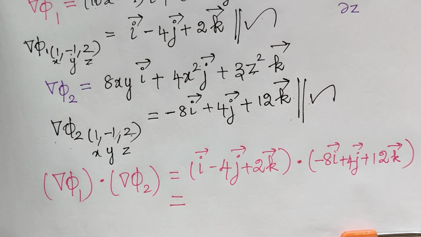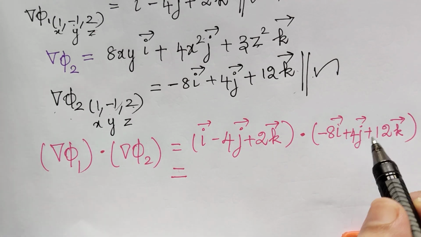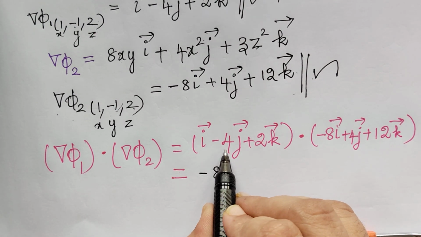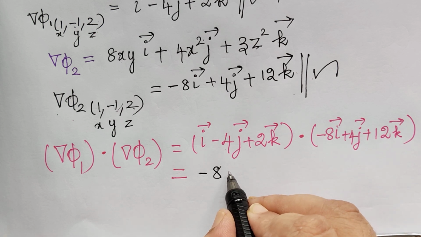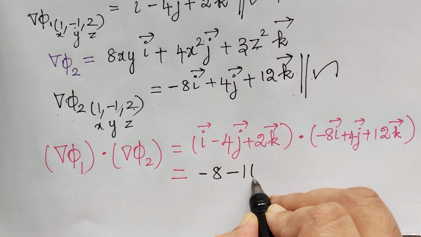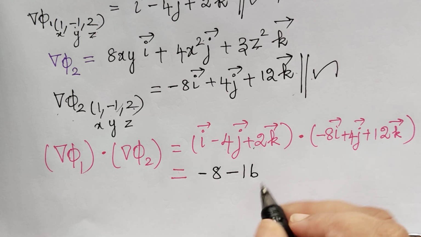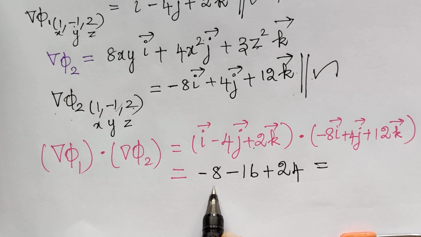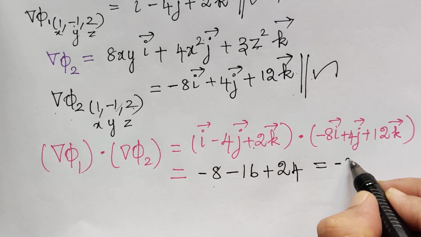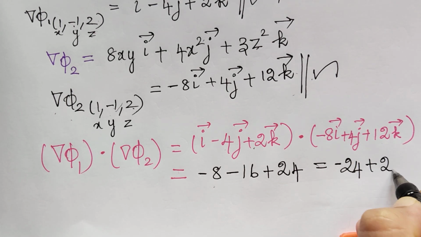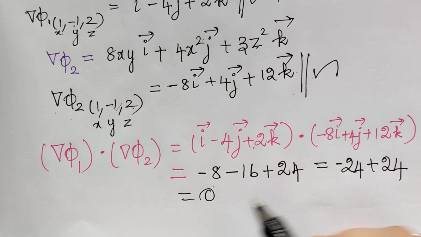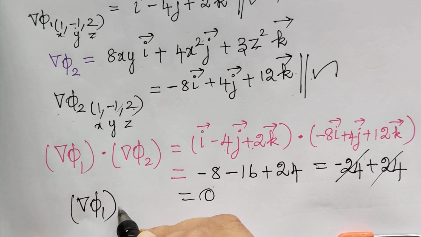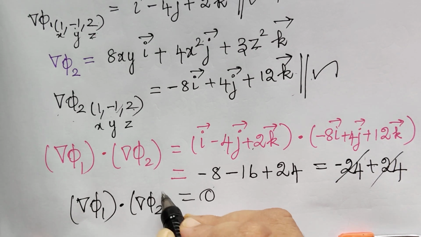Component wise we have to multiply and we have to add. So here 1 into minus 8, so minus 8, and then minus 4 times plus 4, minus into plus is minus, 4 times 4 is 16, plus 2 multiplied with plus 12, which will give us plus 24. And that is equal to, what is minus 8 minus 16? It is minus 24. So minus 24 plus 24, and that will be equal to 0, as they both get cancelled. Therefore nabla phi 1 dot product with nabla phi 2 is equal to 0.